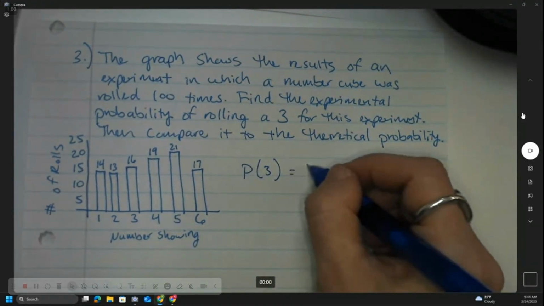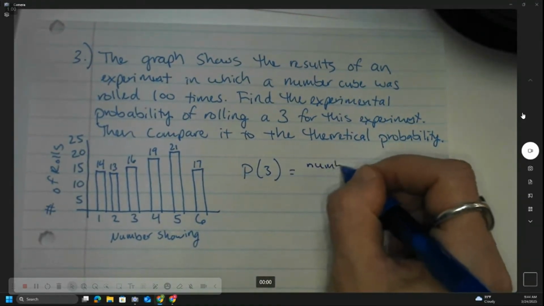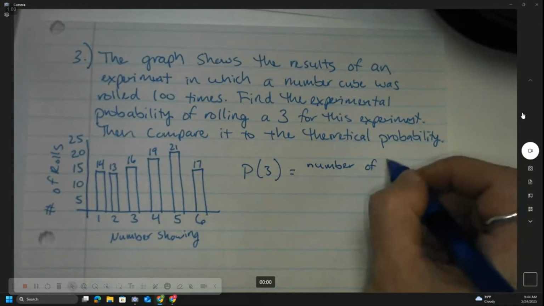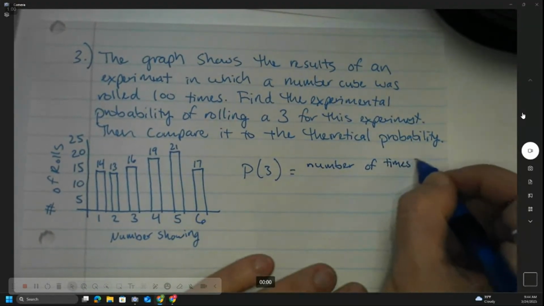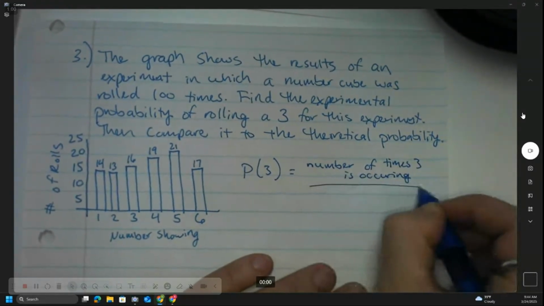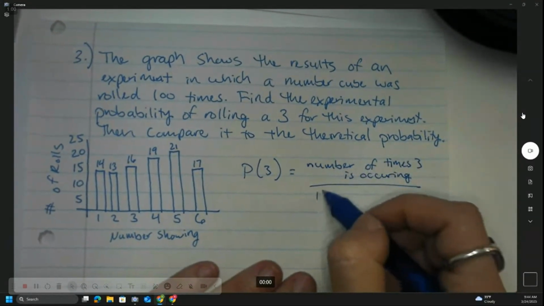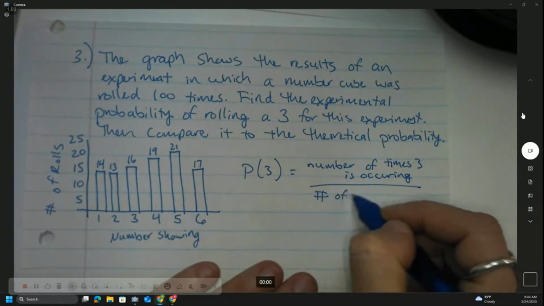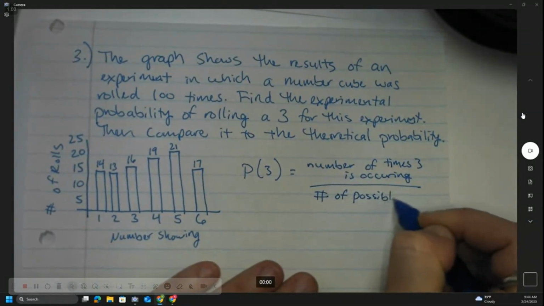So I'm going to write it like this. The number of times 3 is occurring in your experiment is being divided by the total number of possible outcomes.